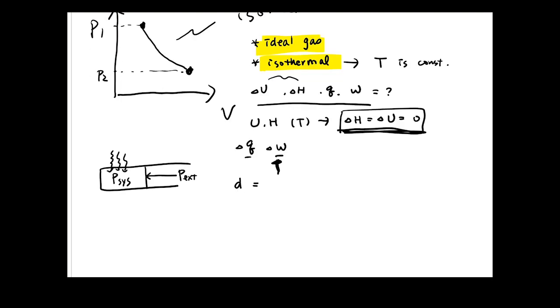We know dW equals negative P external dV. Because today you have a reversible process, you can just switch the P external with your P system. So this is only true when you have a reversible process.